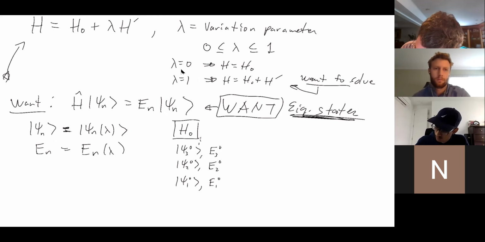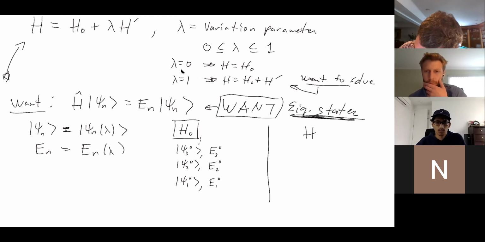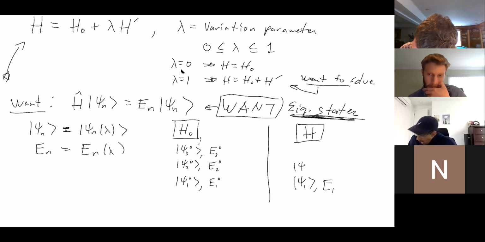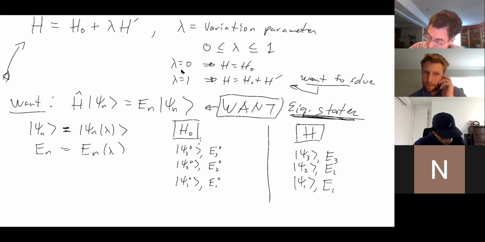And now I have my unknown eigenstates, the first one, the second one, the third one, each with its unknown eigenenergy.